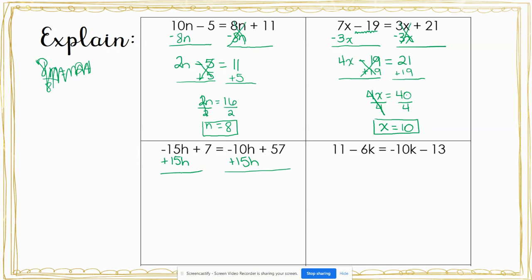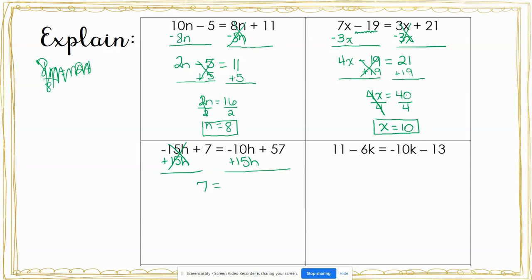Well, this works because if I do negative 15 plus 15, that gives me 0 because those are opposite numbers. So negative 15h plus 15h cancels out because they make 0. If I have 0 plus 7, then I am left with 7.